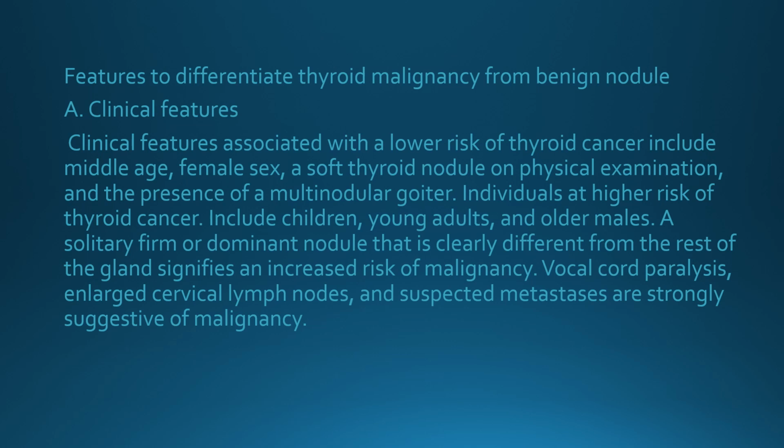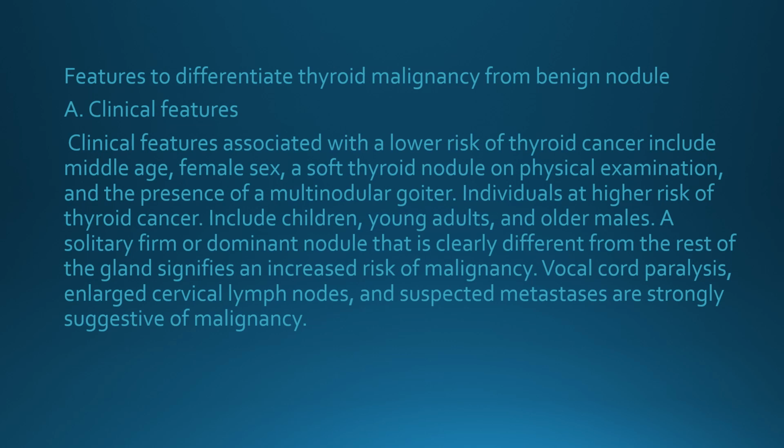Clinical features. There are clinical features associated with a lower risk of thyroid cancer, include middle age, female sex, a soft thyroid nodule on examination, as well as presence of multinodular goiter. Individuals who are at high risk of thyroid cancer include children, young adult, and older female.